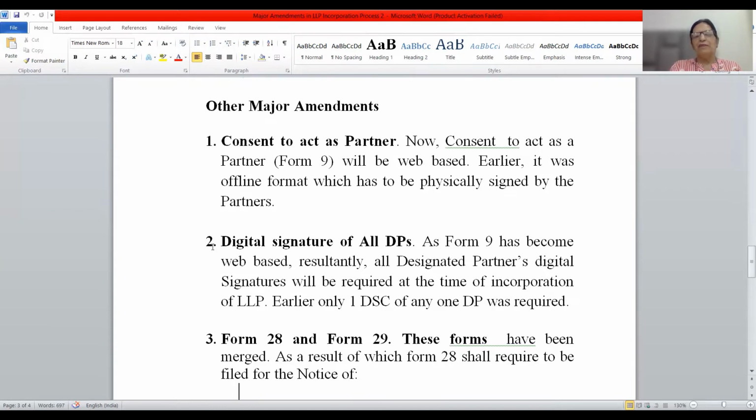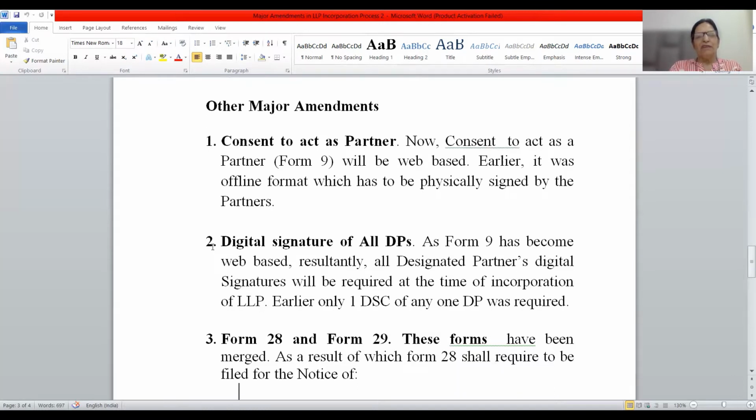Earlier it was an offline format, which had to be physically signed by the partner. But now this consent to act as a partner on form number 9 will be digital or online.